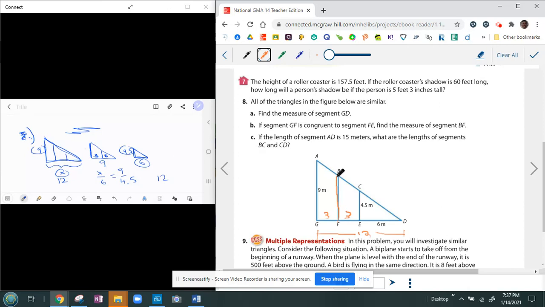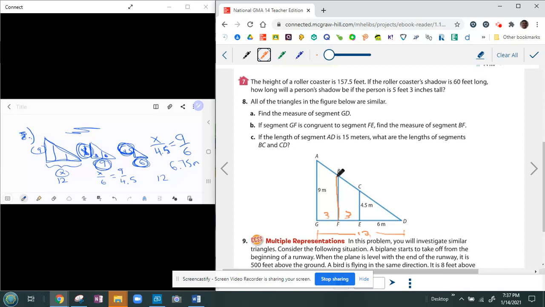So we can find this missing piece because we can relate it to the other similar triangles. If we call this x again, then we'll relate x to 4.5, making the ratio of corresponding pieces, and 9 to 6. And that gives us an answer of 6.75 meters. All right, wow.